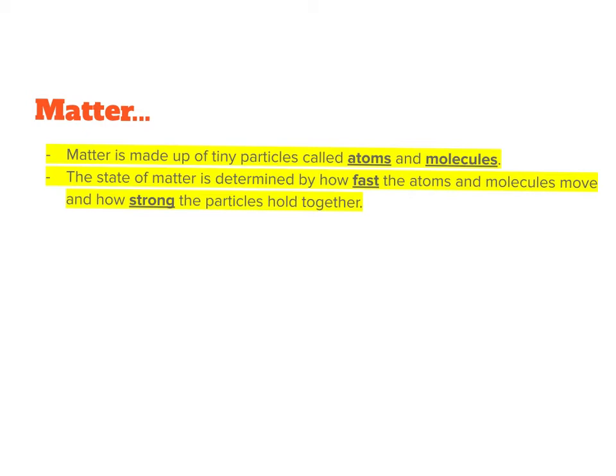So certain atoms move faster or slower than others, and that helps to determine what state of matter it is, as well as how strong the particles hold together. Some are held together very strongly, some are a little bit weaker, and that helps to determine the state of matter also. And as we move through this today, we'll expand upon each of those two items.